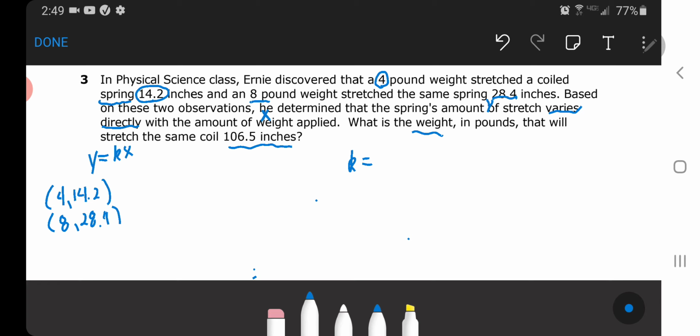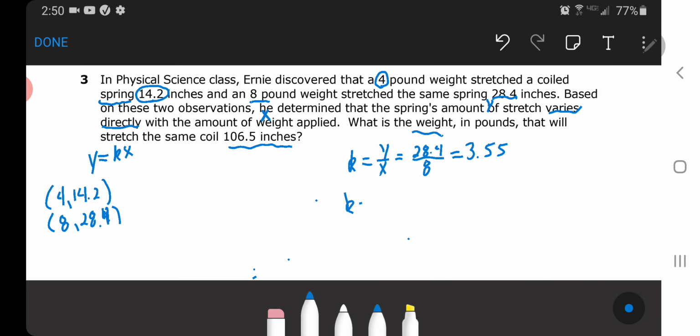And it doesn't matter which point you choose. I'm just going to show you. Once again, to get that, it's y over x, right? So 28.4, I'm going to use that y value, divided by its coordinated x value. So 28.4 divided by 8, we get 3.55.